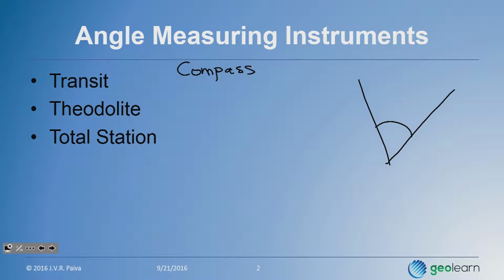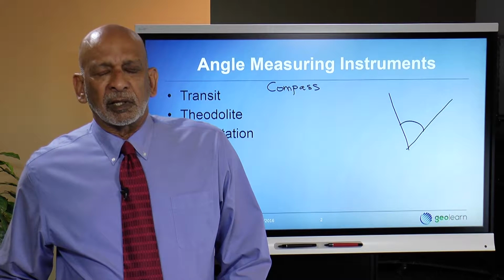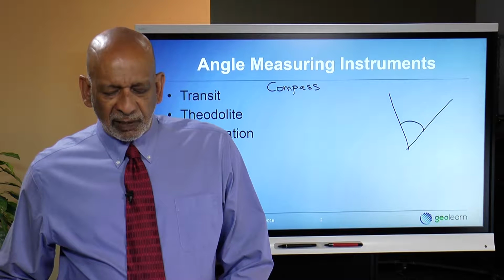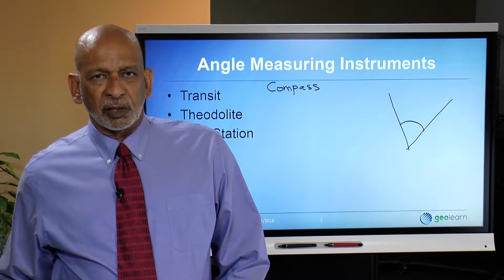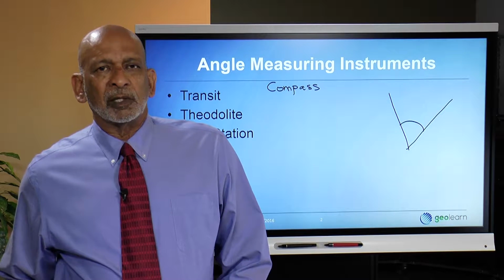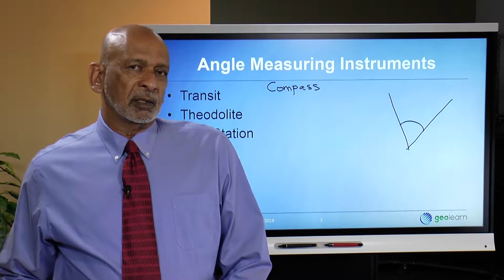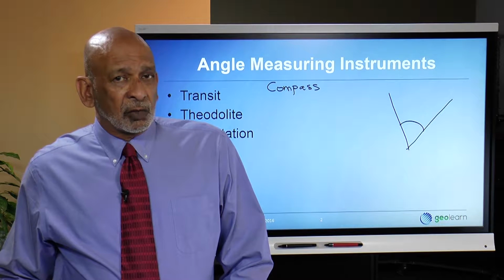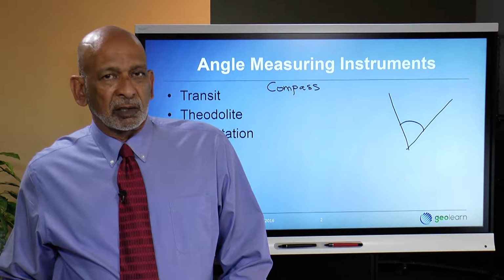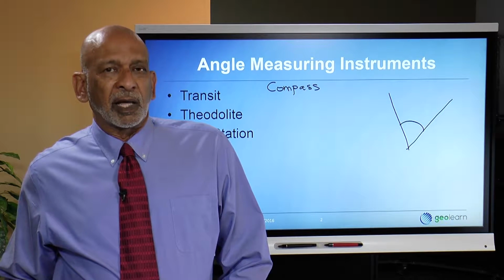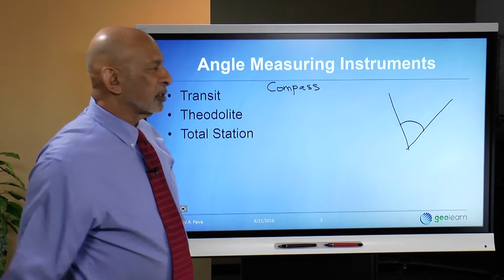Typically, however, today, with a theodolite or with a transit or even with a total station, it's more typical to measure the angle and know the reference direction, the meridian, to relate those angles to the meridian, and from that determine the directions of lines.